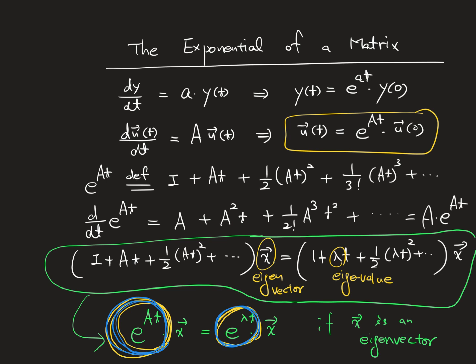So this equation is used later. We have the e to the at matrix and we want to find the eigenvalue. That is e to the lambda t, the eigenvalue for the matrix e to the at. So we could write u of t is equal to e to the at u0.